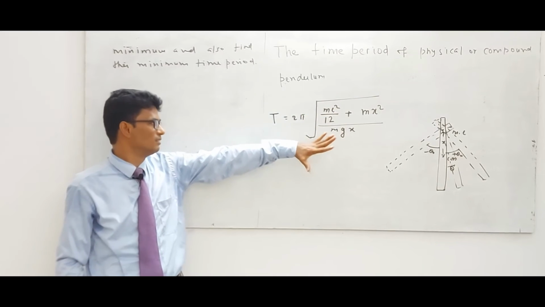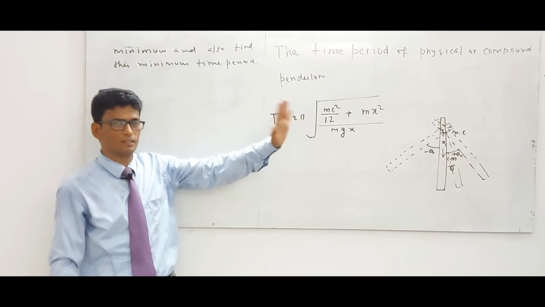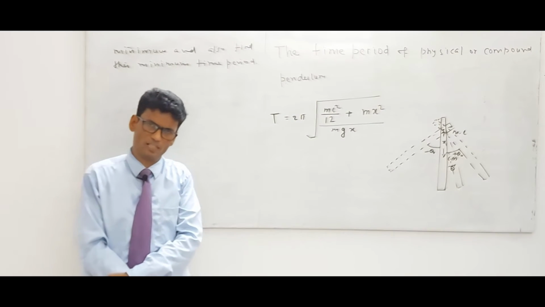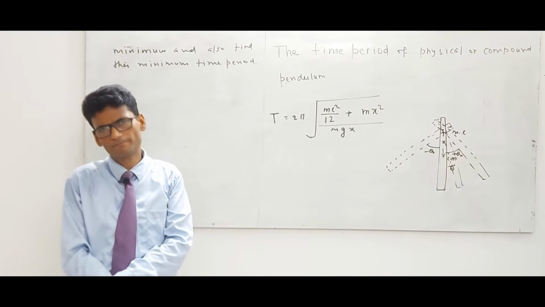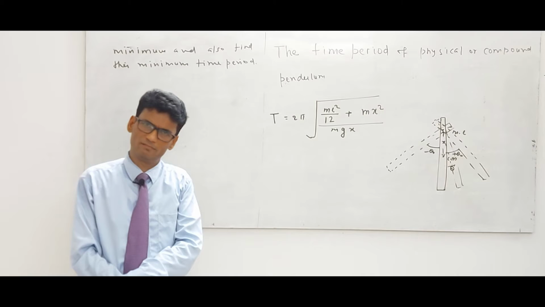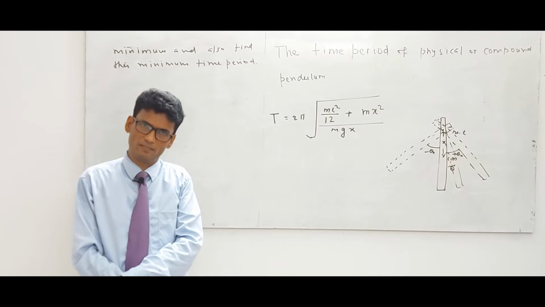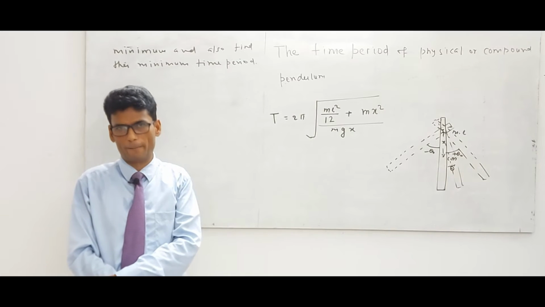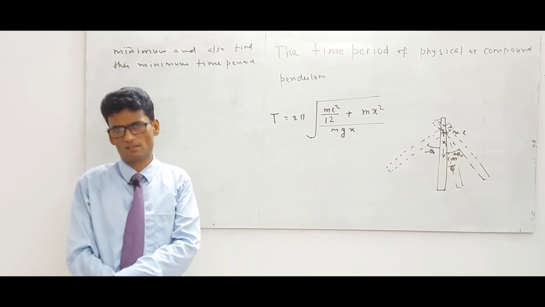But we are going to use the first derivative method here. What is the first derivative method? There are a majority of functions that, if they have a maximum or minimum, then the first derivative comes out to be 0.